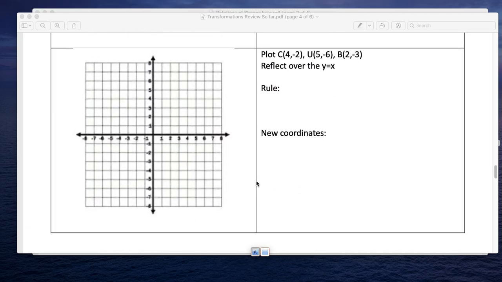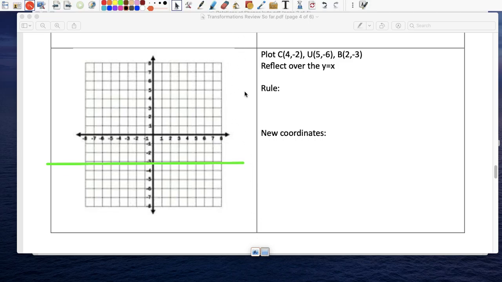So what we did today, a reflection over y equals x. So go back to our slope days, right? y equals x is the same thing as y equals 1x, and we want to put that 1 over 1. If I asked you to graph this a few weeks or a few months ago, that has a slope of 1, which means up and down you go 1, and left and right you also go 1.